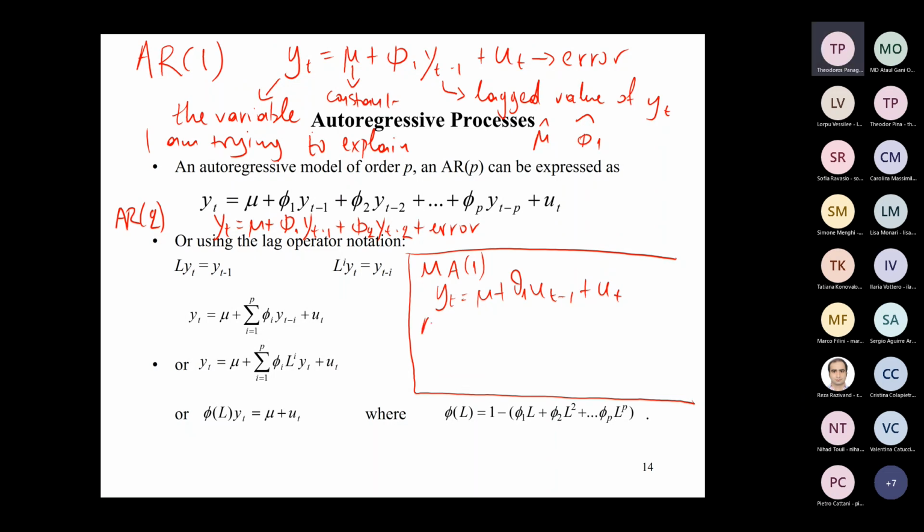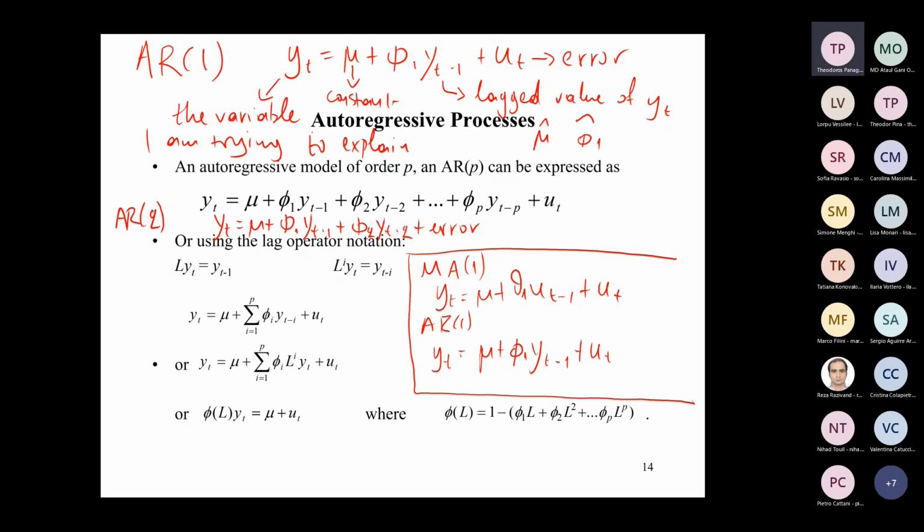And the autoregressive one is this one. Okay, now what's the fundamental difference between the two models?